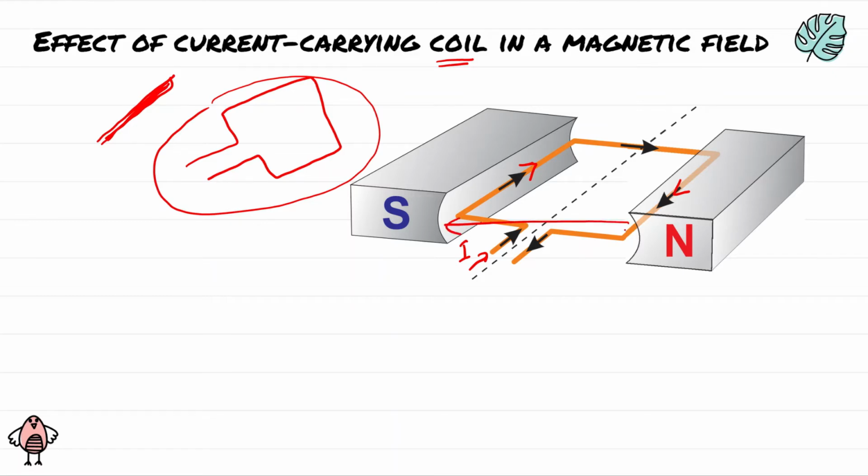Saya nak guna colour lain lah. Okay, kita guna hijau untuk magnetic field. Okay, so magnetic field from north to south, maksudnya daripada kiri ke kanan. Okay, ni magnetic field. And then current pula ke depan. Okay, satu ke belakang, satu ke depan.